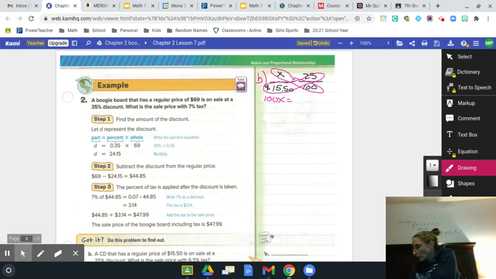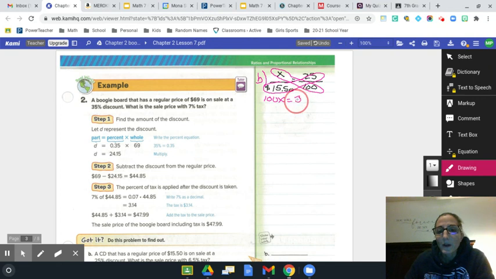And then you should grab your calculator. Let's take 15.50 and multiply that by 25. And when we do, we see 387.5. Okay, let's divide, right? We know that's our next step.